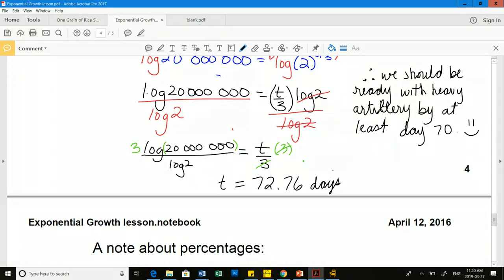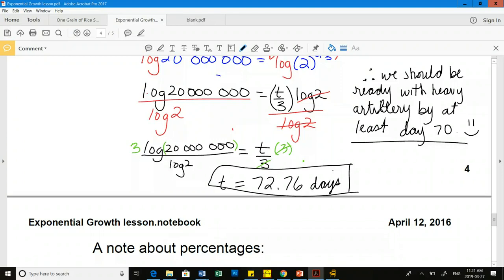Why are we doing day 70? Well, if the population reaches 1 billion, they're going to overtake us. So we should be ready at least a couple days early, don't you think? So in other words, the population will reach 1 billion at 72.76 days.